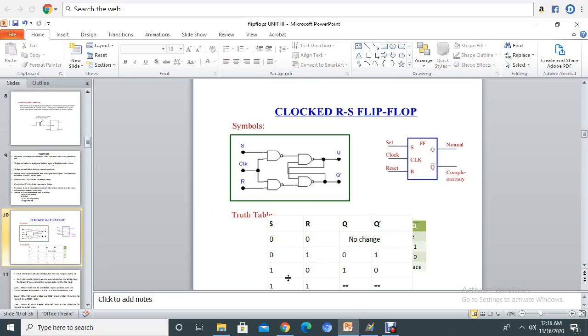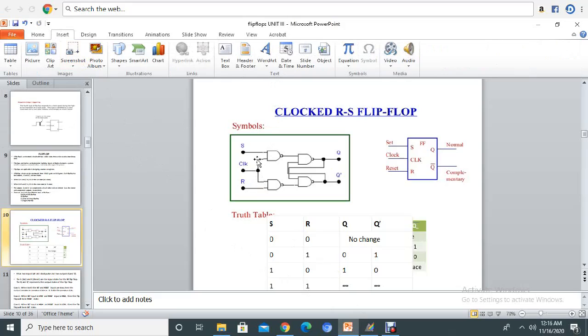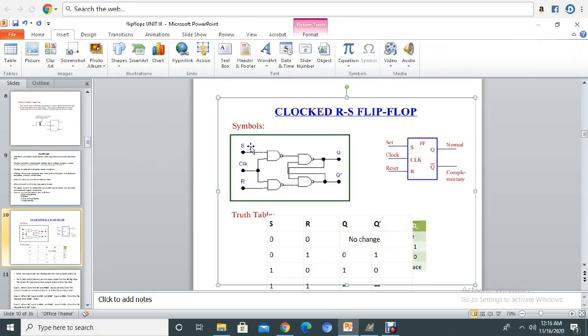Next I am applying S is equal to 1, R is equal to 0.